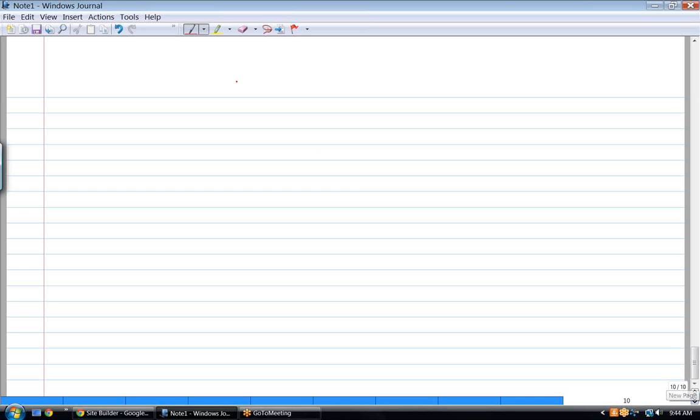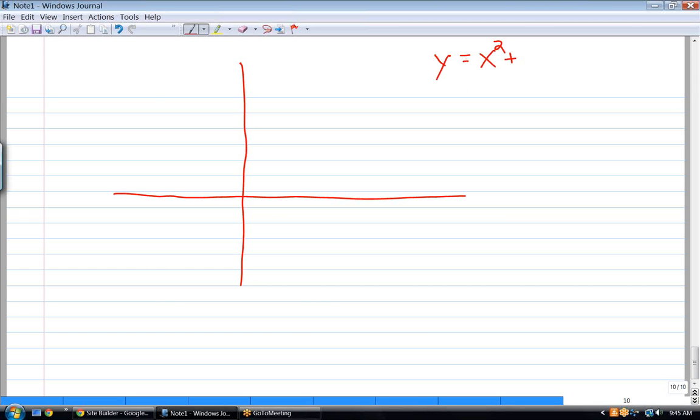If we have the line, let's see, the function is y equals x squared plus 1, which looks like that. And it's also bounded by y equals 0, x equals 0, and x equals 1.